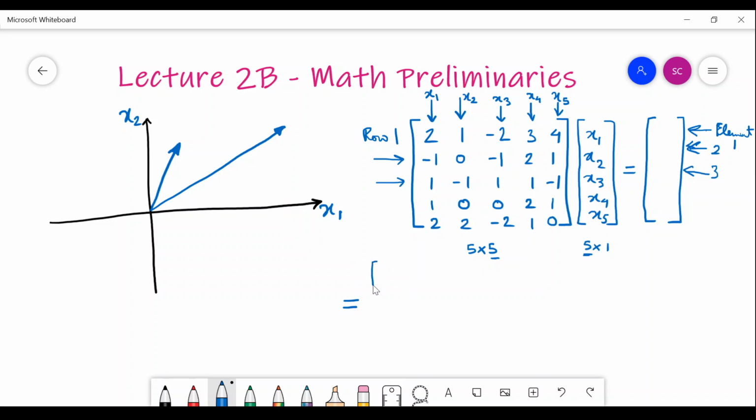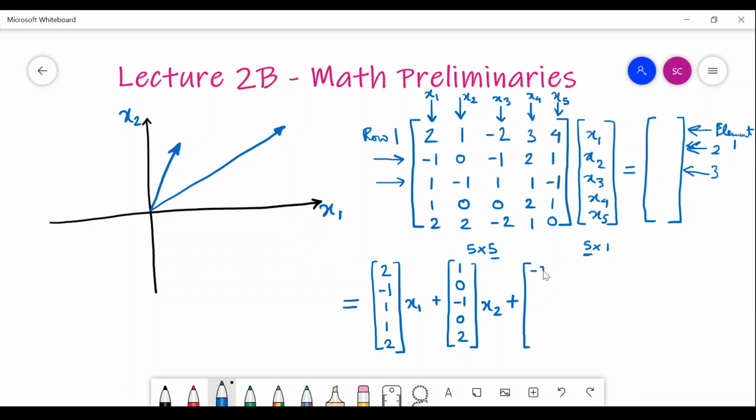So we can now write this as, and this one is very important to understand, the first column into x1 plus the second column into x2 plus the third column into x3 plus the fourth column into x4 plus the fifth column into x5.